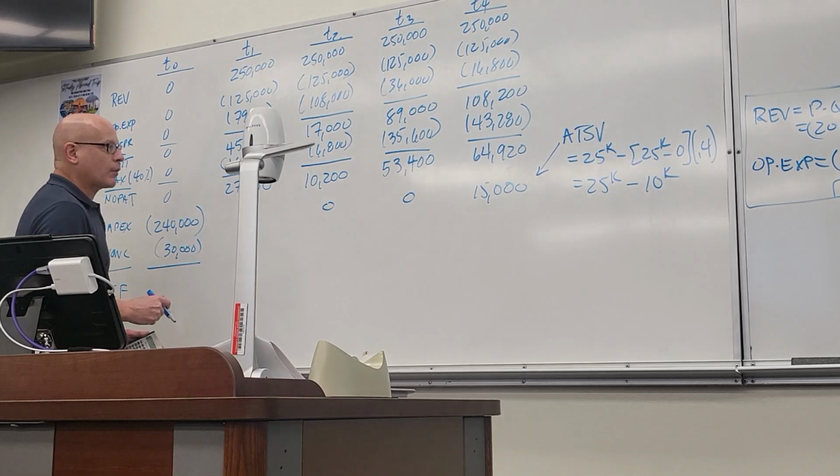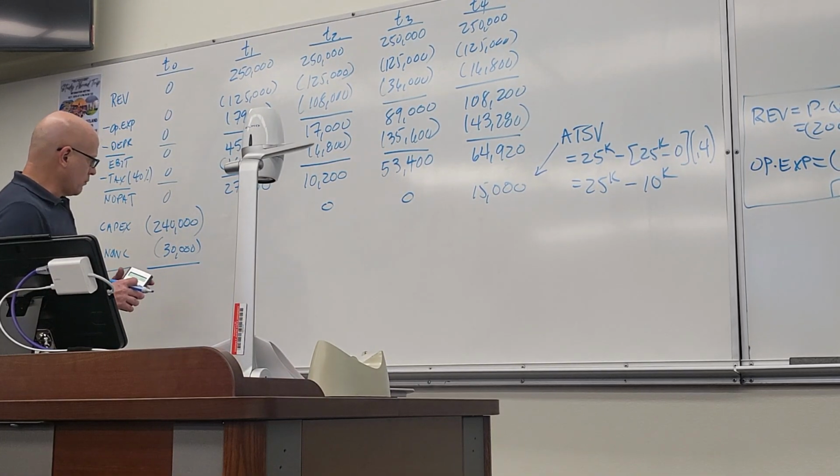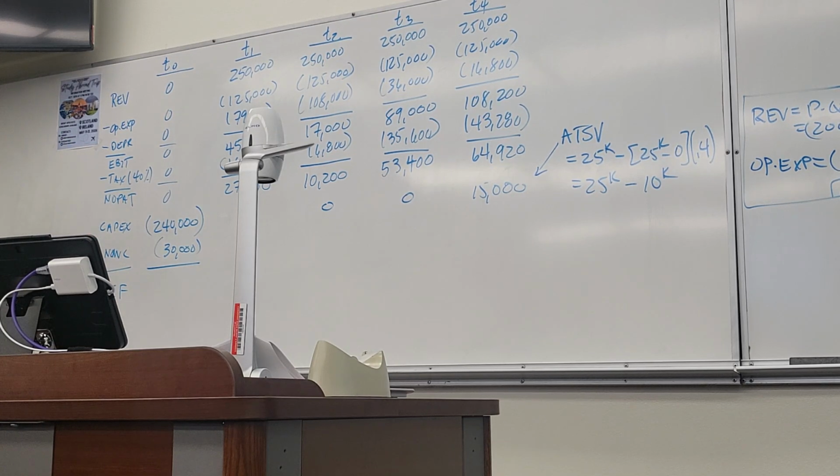And let's see. Now we've got to be careful here. Let me put an extra line down here. This isn't part of our cash flows. Just put it down here at the bottom. NOWC. See the difference, right? Level change. So before the project, NOWC is 0. But if we do this, it's going to go to 30 grand. That's an increase of 30. That's going to be an outflow.